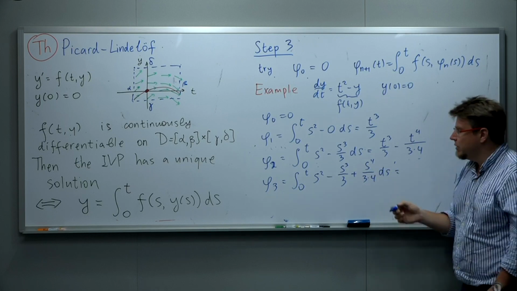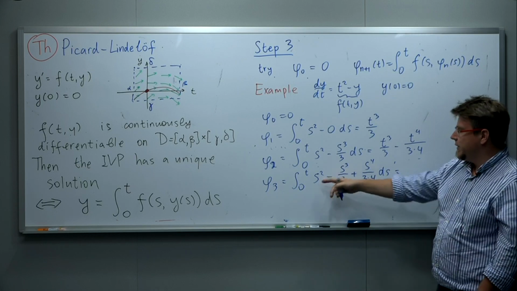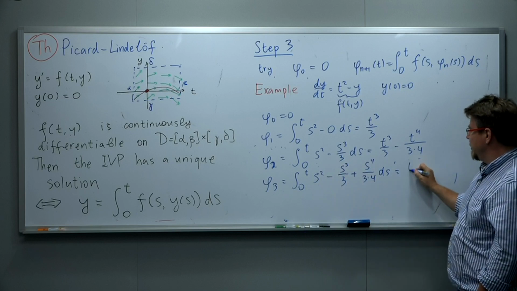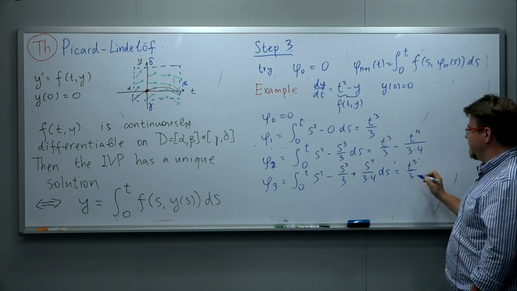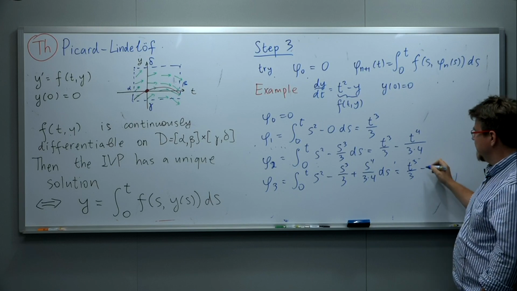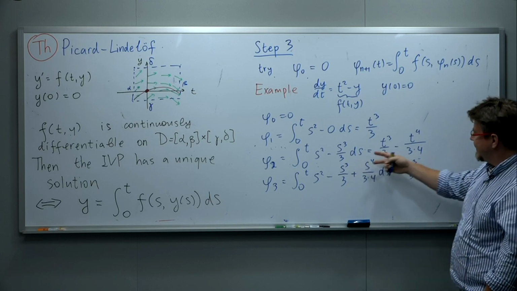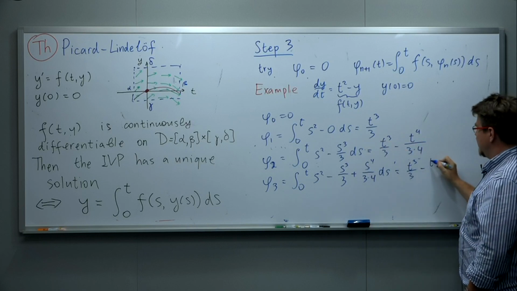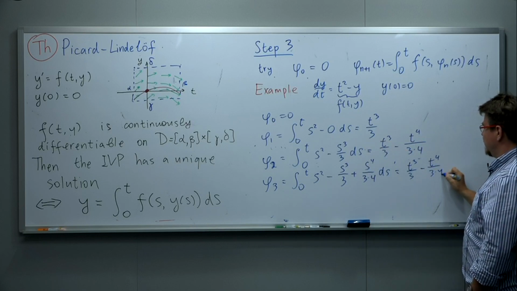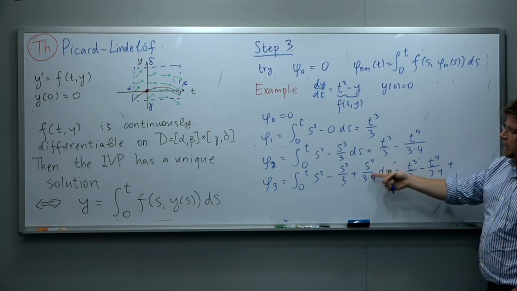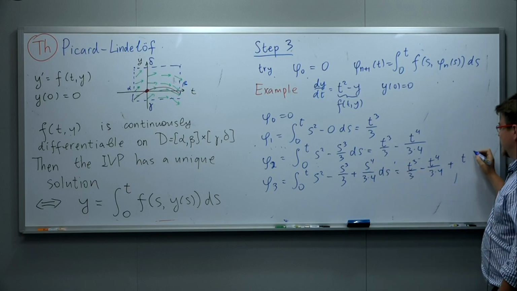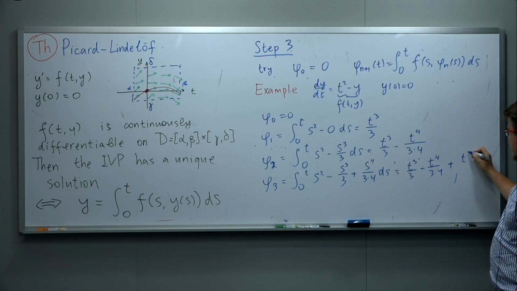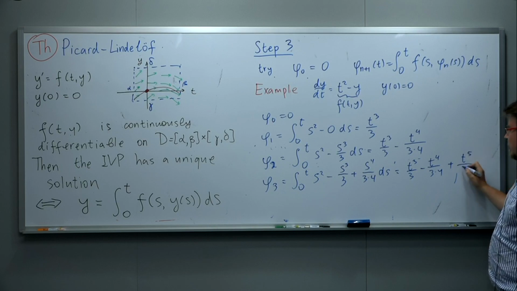And now I can integrate. Integrating s squared from 0 to t, I'm going to get t cubed over 3 minus. This term is exactly the same as here, so I'm going to get the same t to the 4 over 3 times 4, plus, and that's a similar term, so I'm going to get t to the 5 over 3 times 4 times 5.